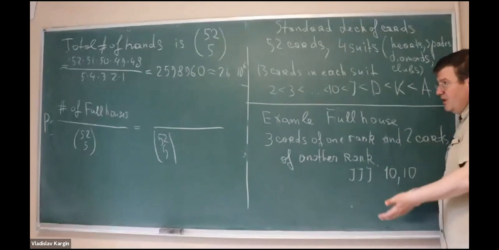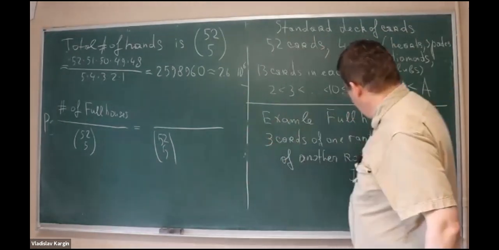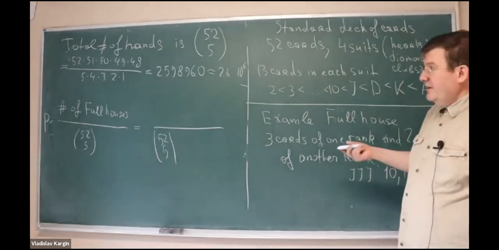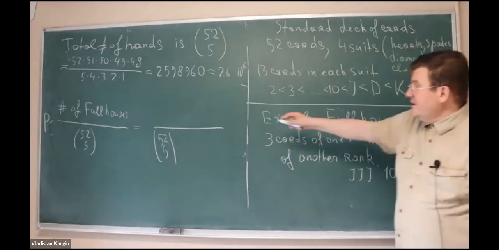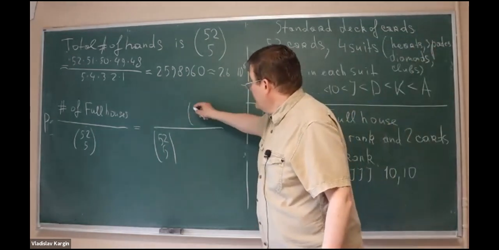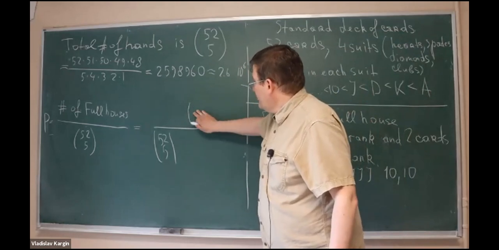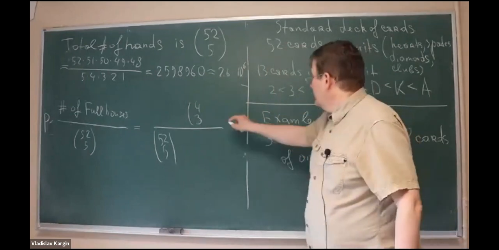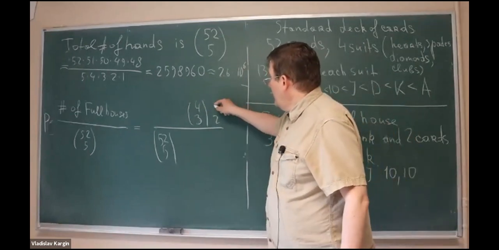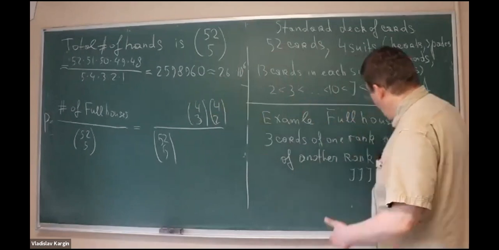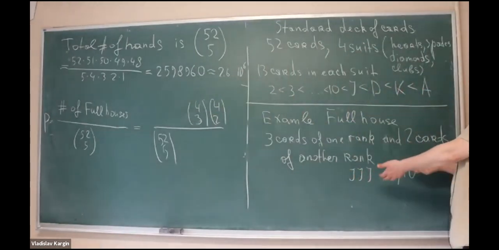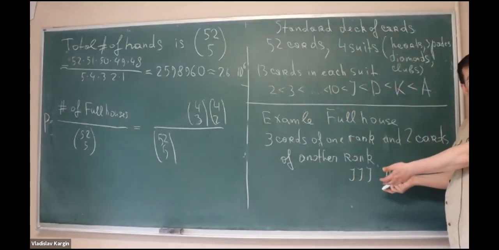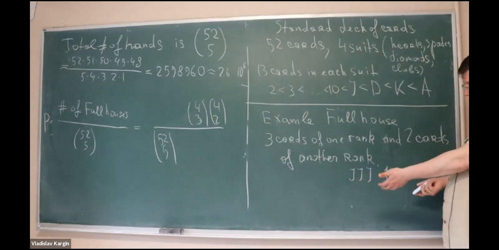If you knew that it's jack and 10, you would easily write that this is equal to 3 out of 4 times 2 out of 4. But before you can do it, you need to choose what the specific ranks are.